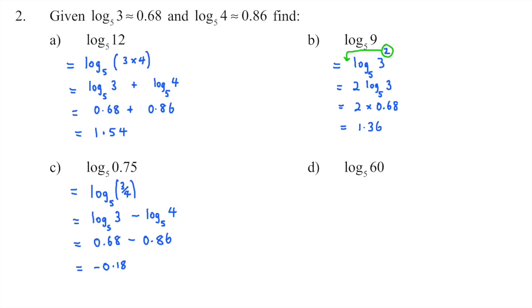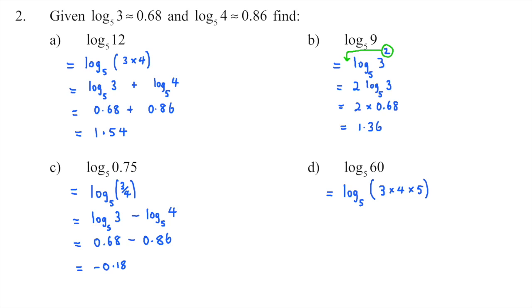Part D. Now, log to base 5 of 60. This is a bit trickier, this one. A lot of people miss out on this trick until it's explained to them. Now, if I look at 60, it's actually 3 times 4 times 5, because 3 times 4 is 12 and 12 times 5 is 60.